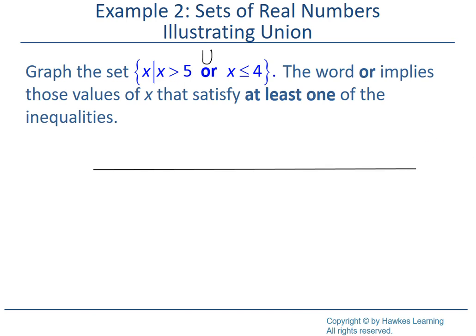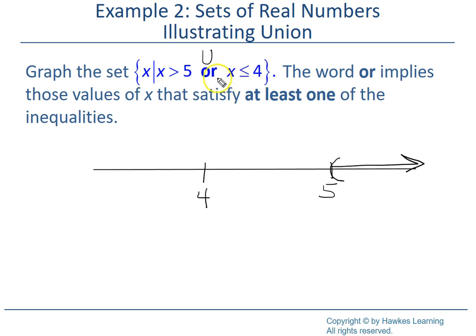And what we would do for something like this, the numbers we're interested in are a 5, well, we better put the 5 here so we have enough room, and a 4 there. Okay. Now let's do this one first. It says x is greater than 5. So we'll use a parenthesis and an arrow like so.